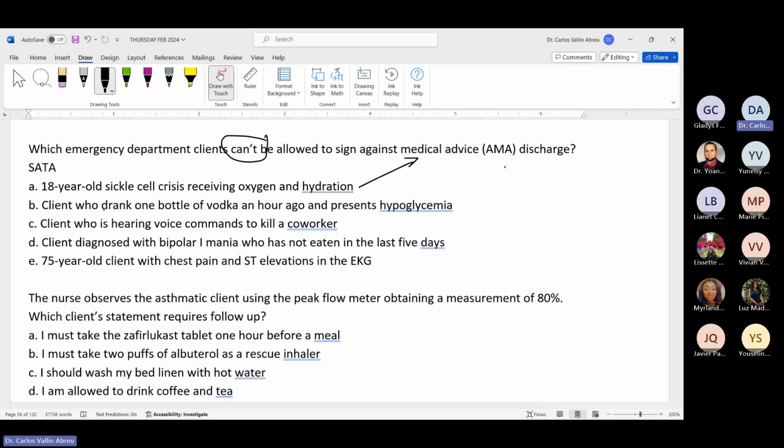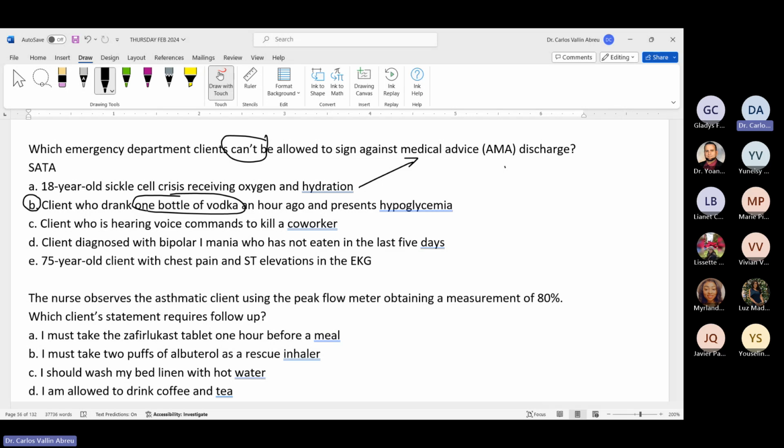Client who drank 1 bottle of vodka an hour ago, so he's drunk, he's intoxicated, and presents hypoglycemia. So the brain of this client is not in the capacity of making decisions. So we cannot allow a drunk client, a client that is out of his or her mind, to leave against medical advice, because it is a safety issue.